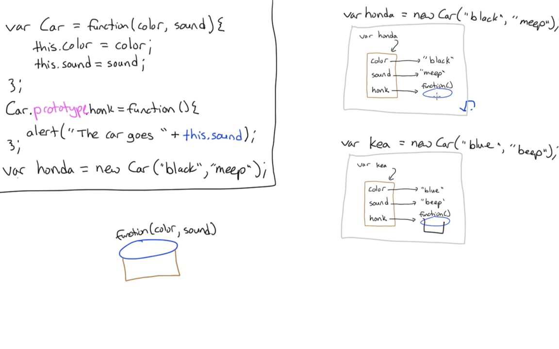It just so happens that we don't draw it because we don't care what's inside that function. In this case, we do care because we are working with its prototype. Now notice that we have car.prototype. That dot means that prototype is a property of car.